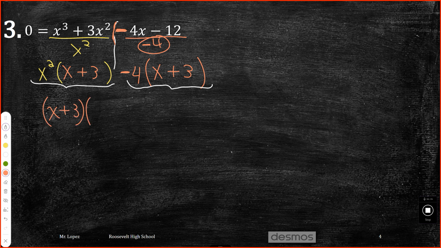So now, let me put that equals 0 over here. If this one gave away its x plus 3, what's left over for this one? X squared, yes, x squared. And if this one gave away its x plus 3, what's left over?